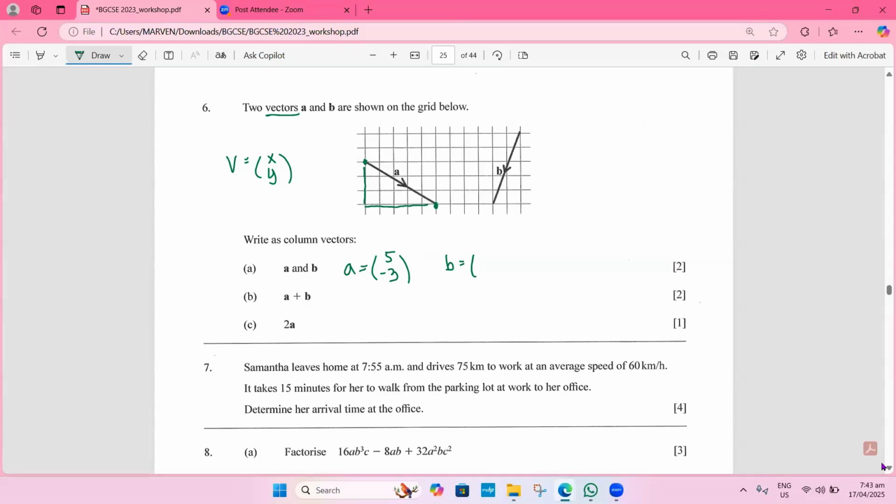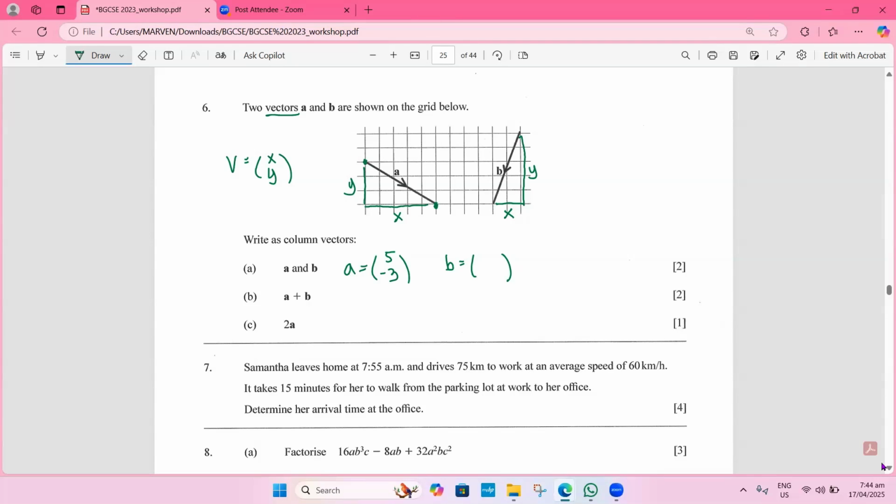How about vector B? What is the magnitude or the vector column? You can connect the endpoints of your line and then count the number of horizontal and vertical. So this is your x, this is your y. Again, this is your x, this is your y. And then you write the vector column x, y. Take note of the direction.